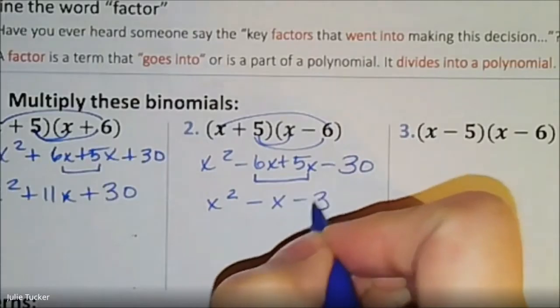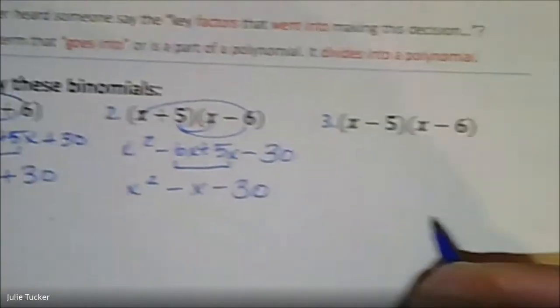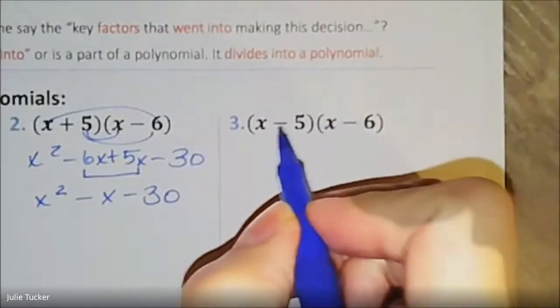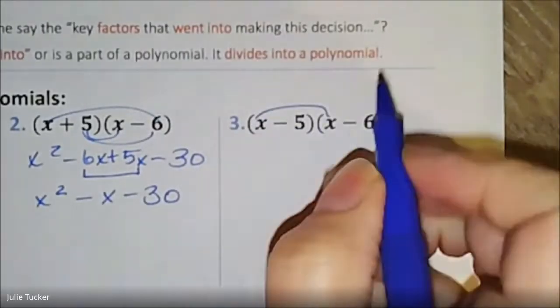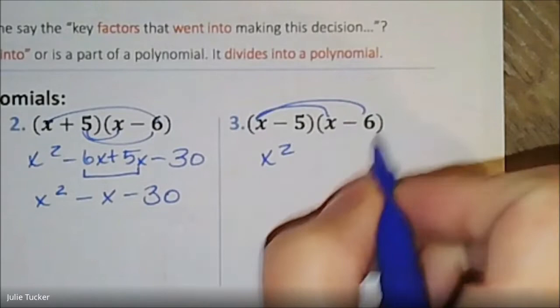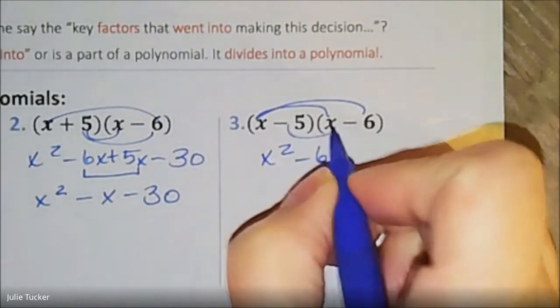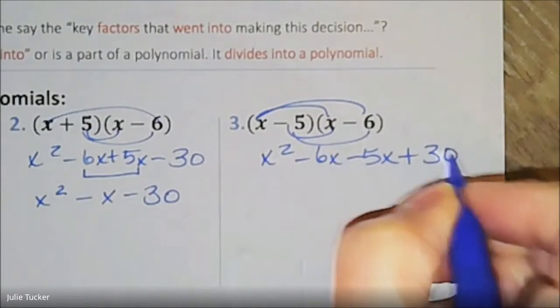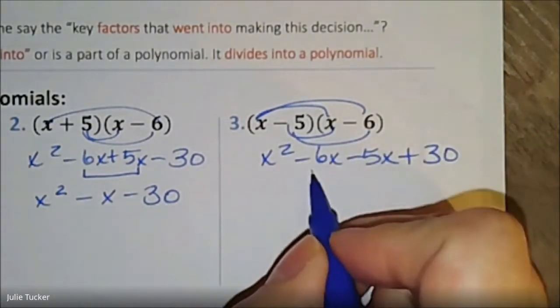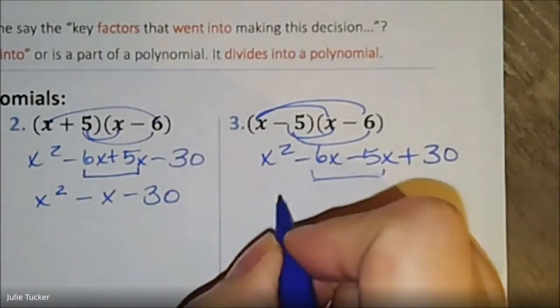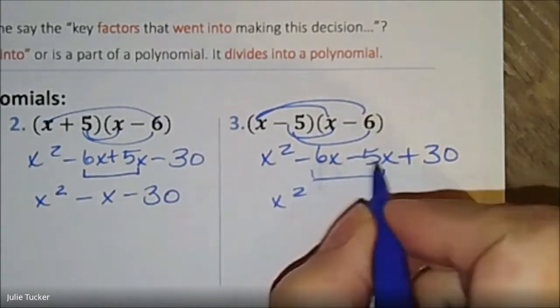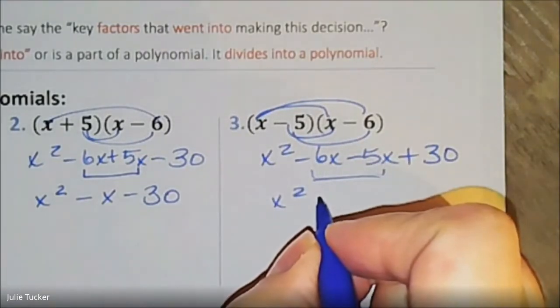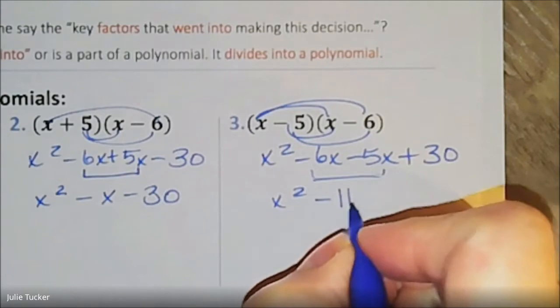And then the last one, these are both minuses. So now we have x squared minus 6x minus 5x plus 30. And then negative 6 and negative 5 makes negative 11x.